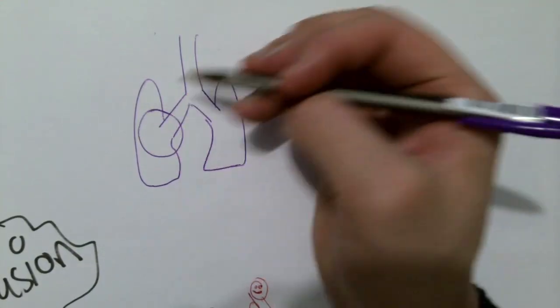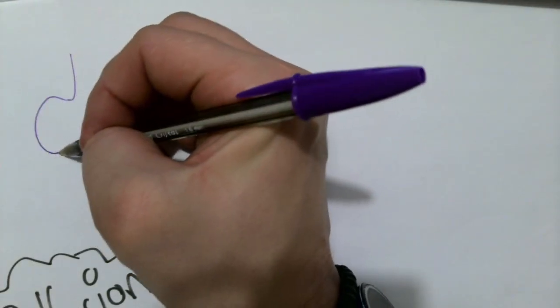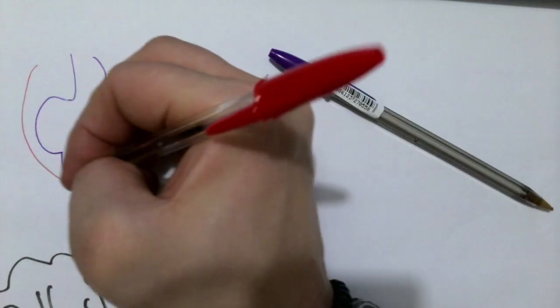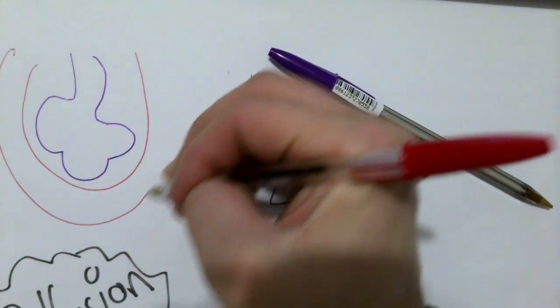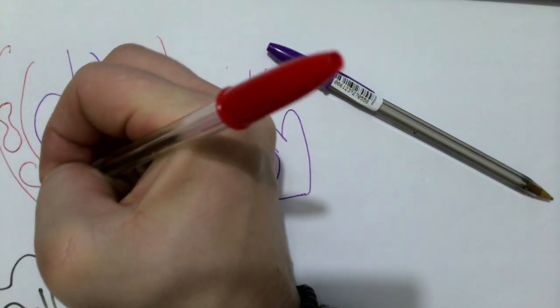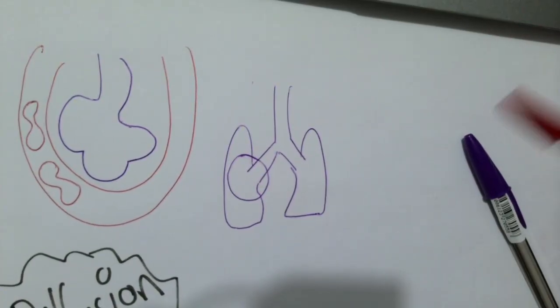If we were to look inside the lung, what we have is something called an alveolus. And surrounding the alveolus is a blood vessel. And similarly, there are the red blood cells with their biconcave shape to increase their surface area, to absorb more oxygen.